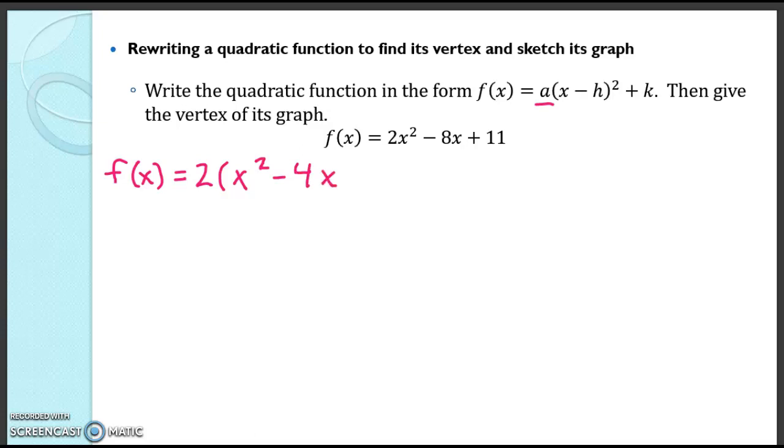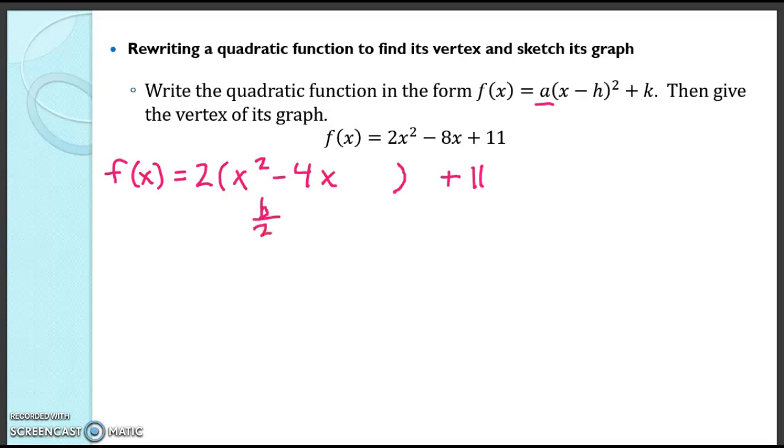But 2 doesn't factor out of 11. But if you remember, when we're completing the square, we're just going to take a look at these pieces here. So let's just add 11 off to the side there, so that we didn't factor 2 out of 11, so it's outside of the parentheses. Okay, now let's take b divided by 2.